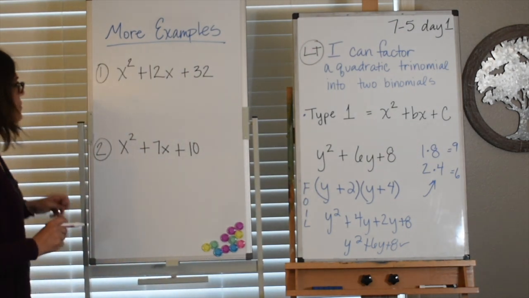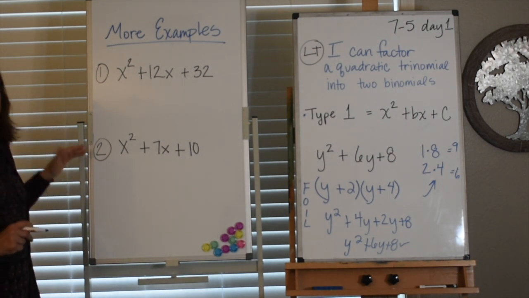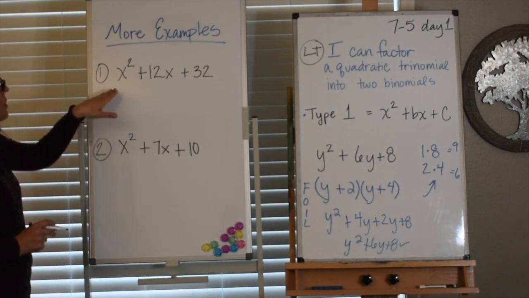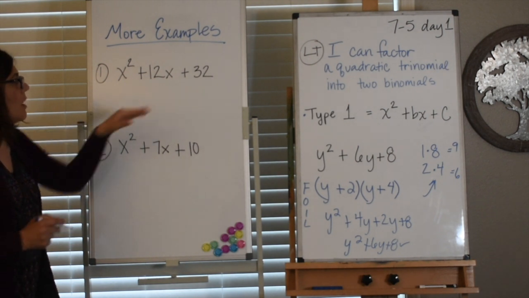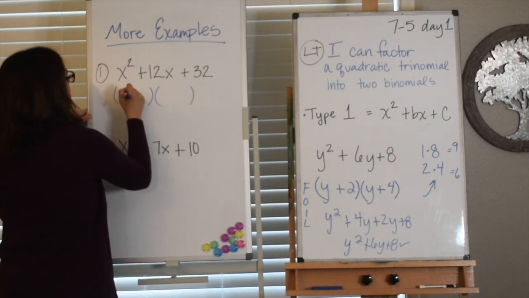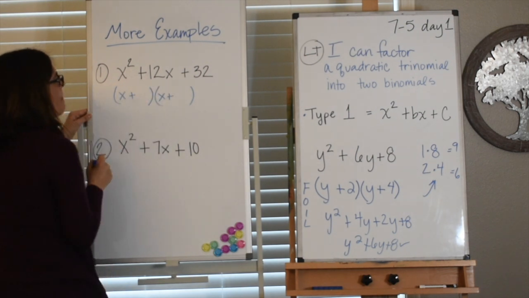So what I would like for you to do is try these 2. This is for type 1. Write them down, pause the video, and see how you do. So again, I've got positive and positive, so I know I can set my binomials up like this. It's going to be x plus something and x plus something.